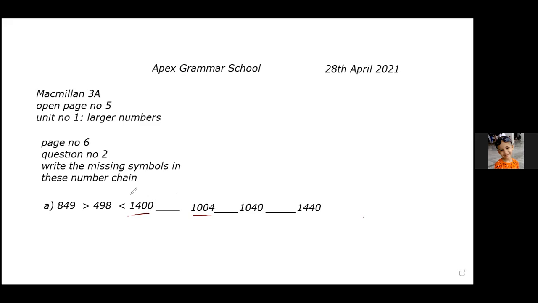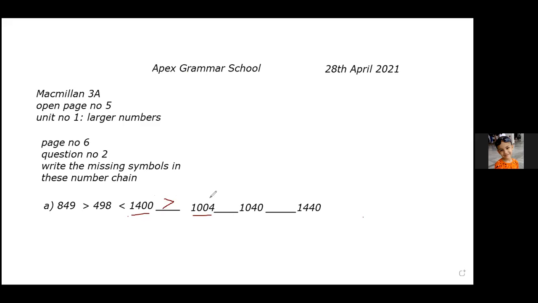So on my left hand side, I have 1400 burgers, and on the right hand, I have 1004 burgers. 1400 is more, so crocodile will open his face towards 1400.